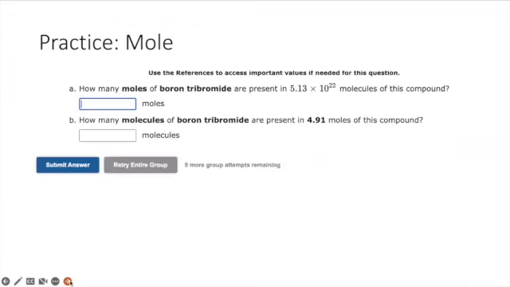Okay, here, this is a better example before I get into those other examples. So this is question 11 of your OWL. How many moles are in boron tribromide? So how many moles are present in this amount of molecules of this compound?